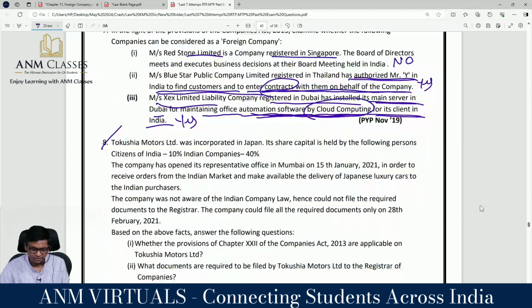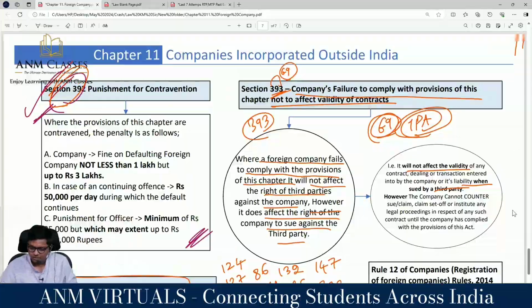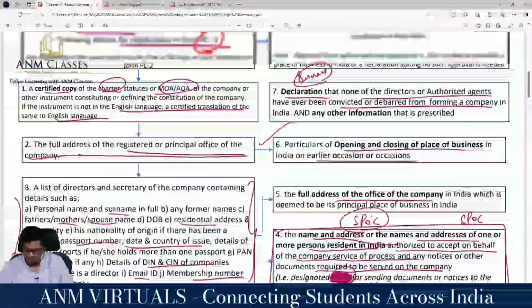Okay, next. Tokushi Motors was incorporated in Japan. Tokushi is Toyota, I think. Its share capital is held by the following persons. Thankfully, they gave direct percentages. Citizens of India, 10. Indian company, 40. Totally, 50. What is the provision telling me? More than 50 or not less than 50?